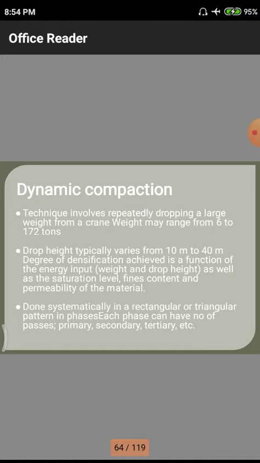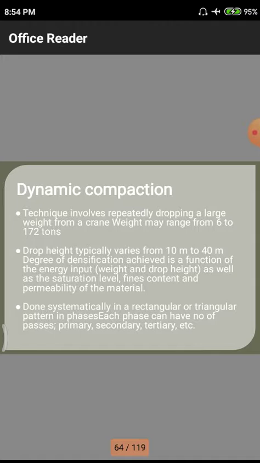We need to achieve some saturation level up to a particular value. Next, the fines content in the material definitely decreases, and the permeability of the material decreases due to the increase in density by dropping the weight on the land.